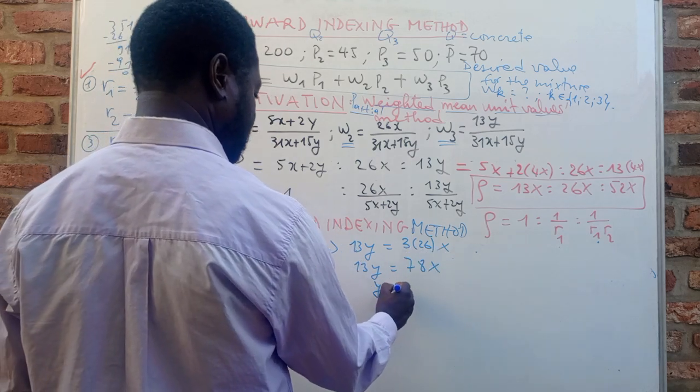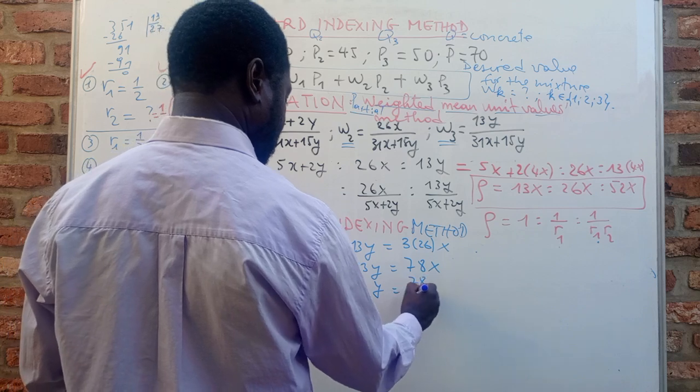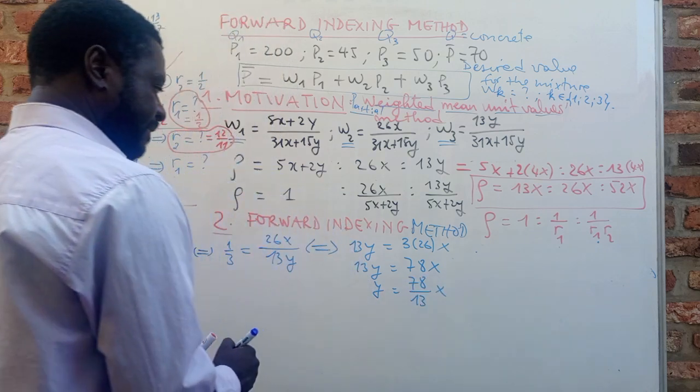So the value of y is 78 over 13 times x.